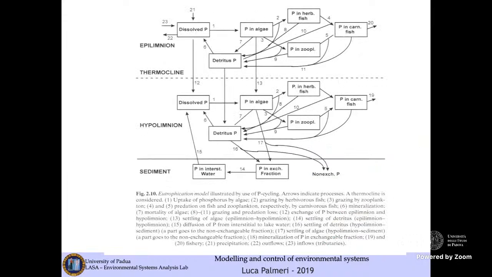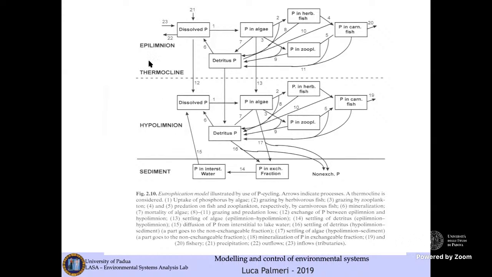By employing this kind of schematization, we may describe quite complex systems. For example, in this schema, we are describing a eutrophication model in a lake.